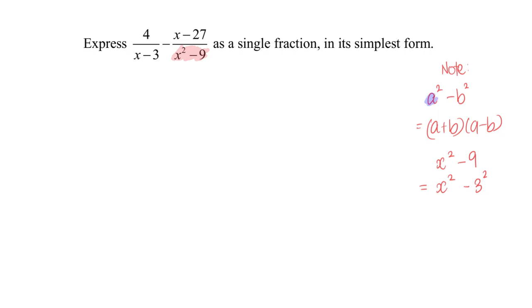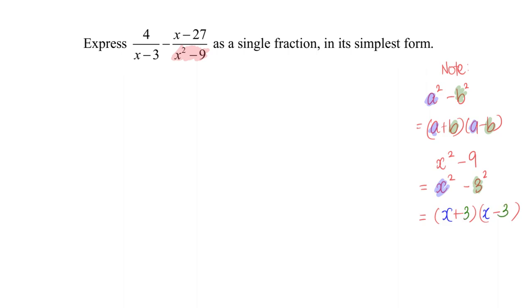And then you can easily see that x could be a, 3 will be my b. And then I could rewrite x squared minus 9 as, as you have guessed it, x plus 3, x minus 3. That's the first thing.